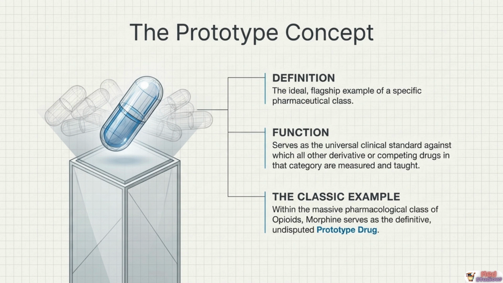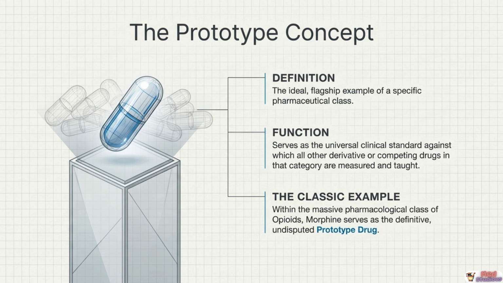The classic, undisputed example presented here is morphine, the prototype drug for the entire opioid analgesic class. Morphine exemplifies mu-opioid receptor agonism, produces analgesia, euphoria, respiratory depression, constipation, and dependence through clearly understood mechanisms.